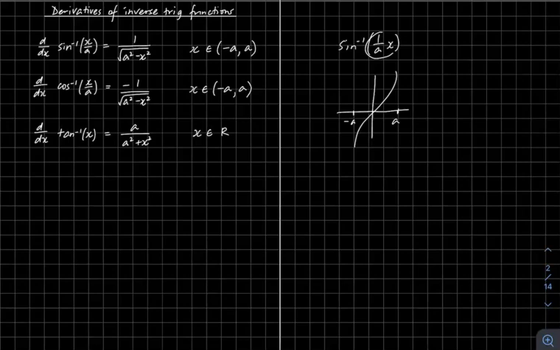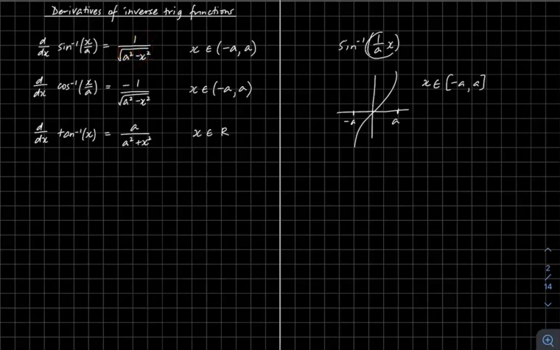So that function itself is defined, the domain of inverse sine of x over a is certainly negative a to a inclusive. But the issue we've got with the derivative, you can see from this that if x is actually equal to a or negative a, then the denominator is going to be 0.